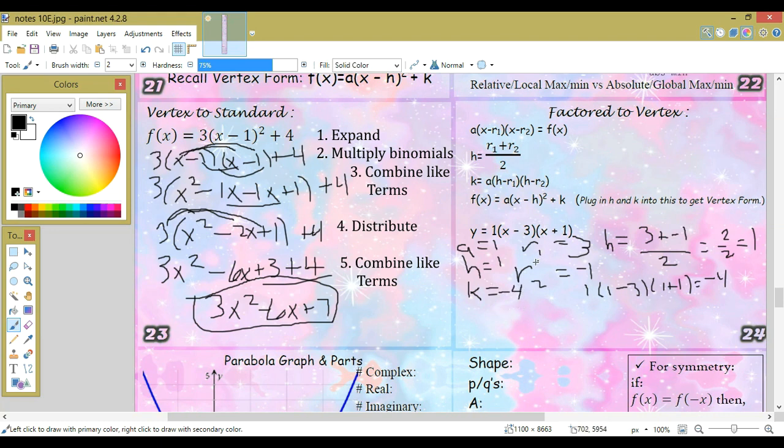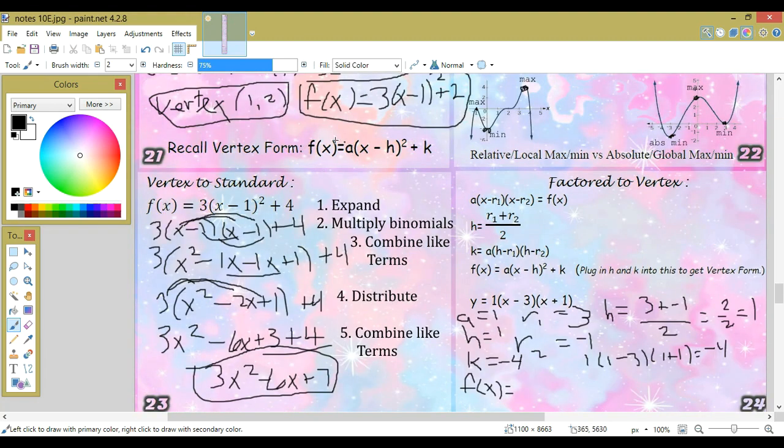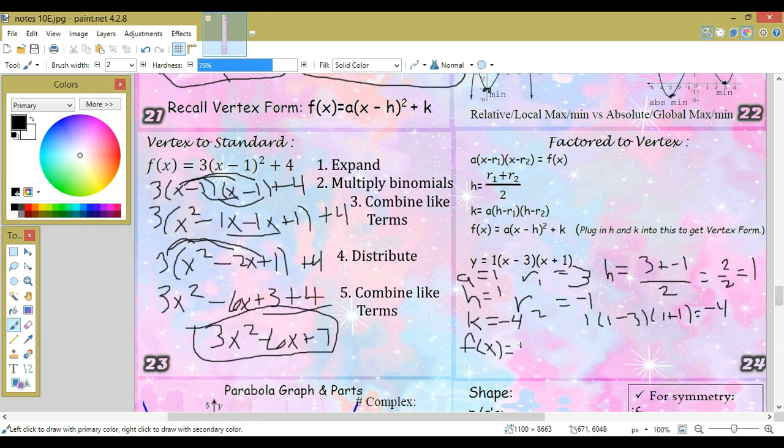To find your vertex equation, we just put it into the formula. f of x equals, and recall from page 21 the vertex form equation. We have a, which is 1, parentheses, x minus h, plus k, so put minus 4. And that's our vertex form equation.